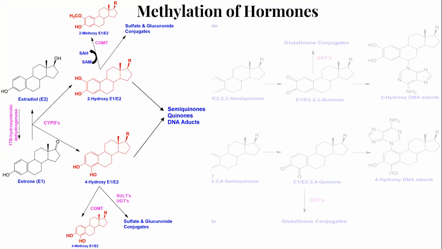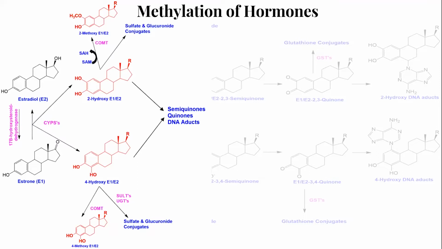The enzyme catechol-O-methyltransferase, or COMT, is responsible for the methylation of the catechol estrogens, and it transfers a methyl group from S-adenosyl methionine, or SAM, to the hydroxyl group of the catechol estrogen. Various factors can disturb this methylation process and thus estrogen biotransformation homeostasis.